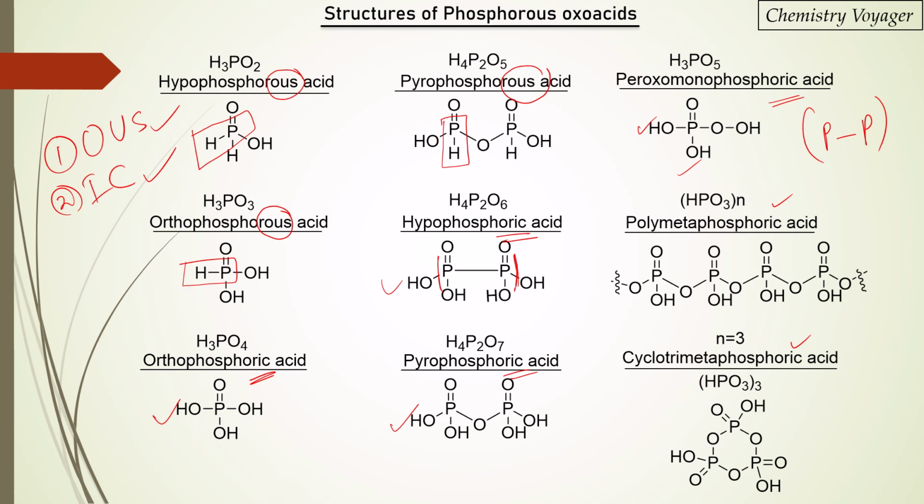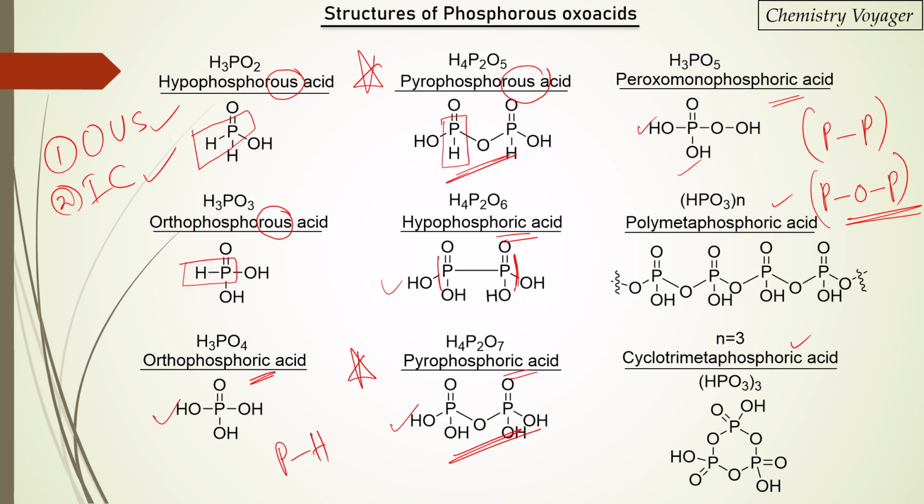And when we look at another type of linkage, that is phosphorus to oxygen and oxygen to phosphorus, there are two important oxoacids of phosphorus which show this linkage, that is pyrophosphorous acid and also pyrophosphoric acid.